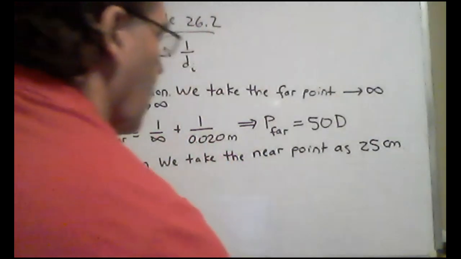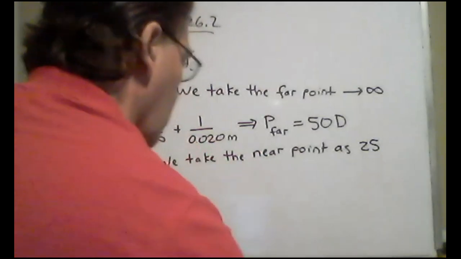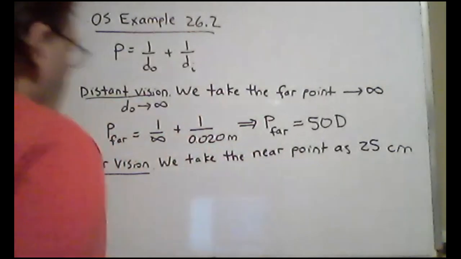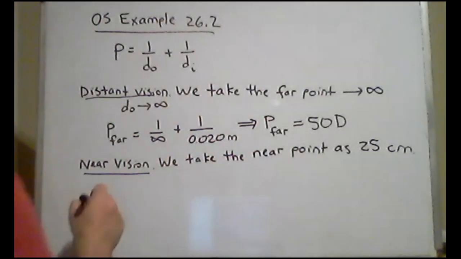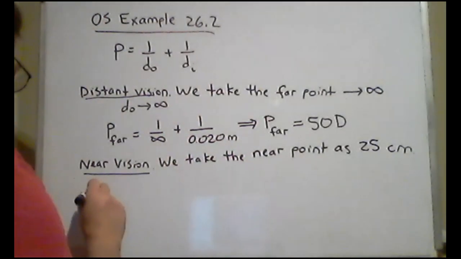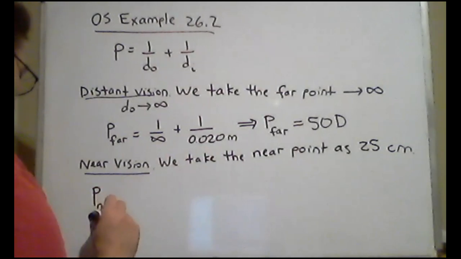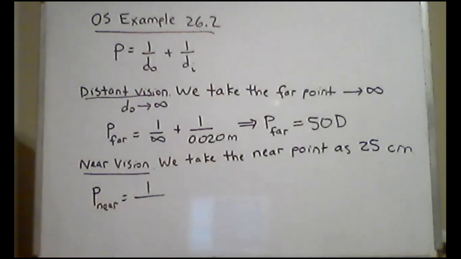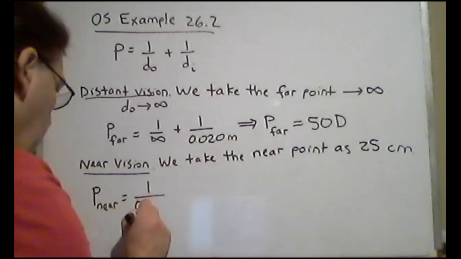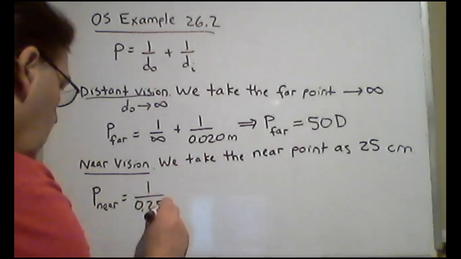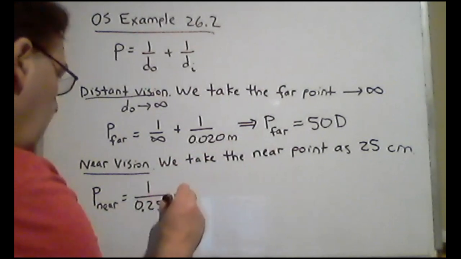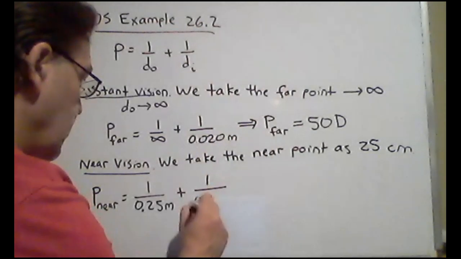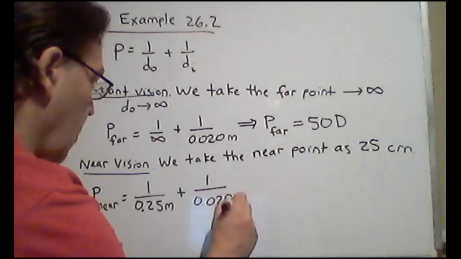We use the same formula, so P near is 1 over, and again we need to put this into meters, 0.25 meters, plus 1 over D sub I, that's always 1 over the 2 centimeters, or 0.020 meters.